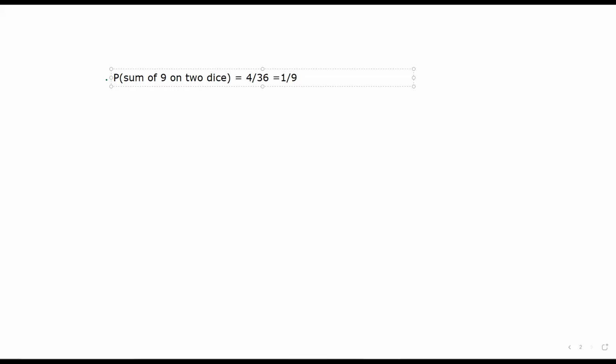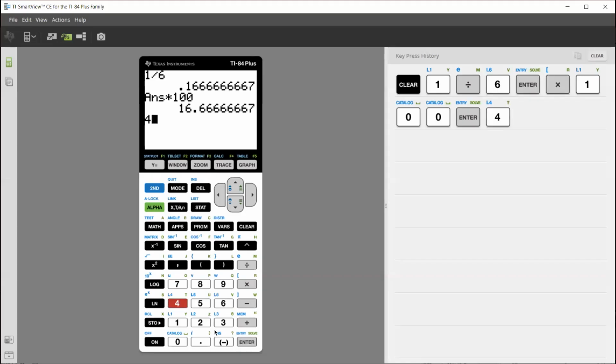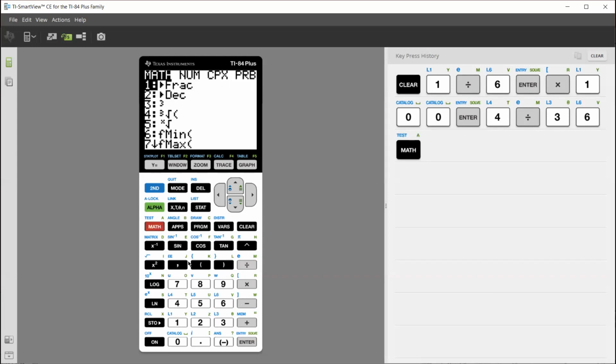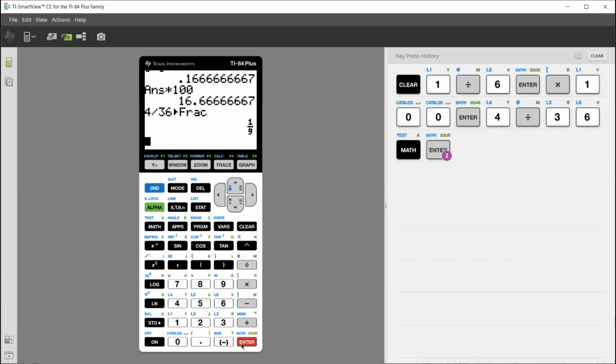So this is 4 out of 36. And if you go math, convert to frac, it will give you the reduced fraction, which is kind of cool. There's your fraction.